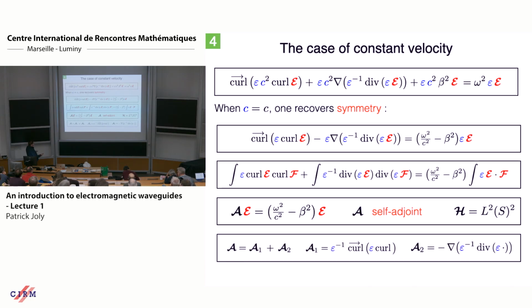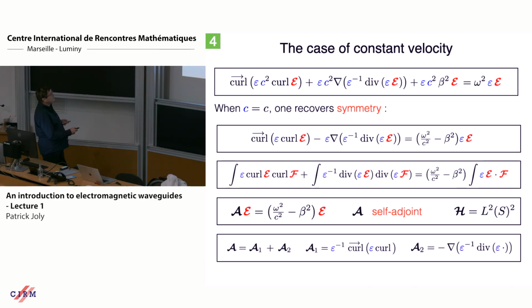And the self-adjoint operator is formally the sum of a curl, you have to divide by epsilon minus 1. And so it is this curl operator plus this grad div operator. So you have these two operators.